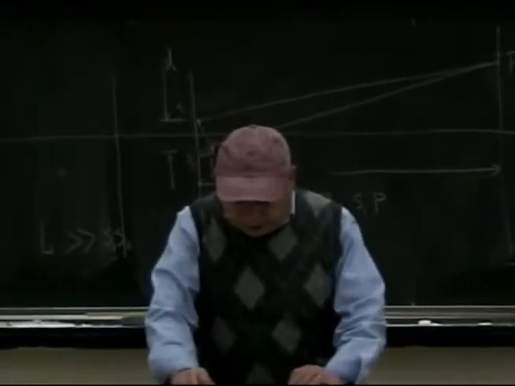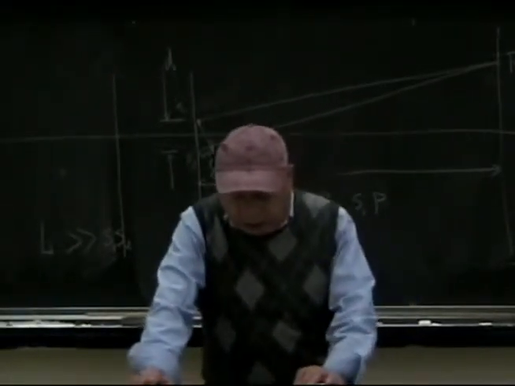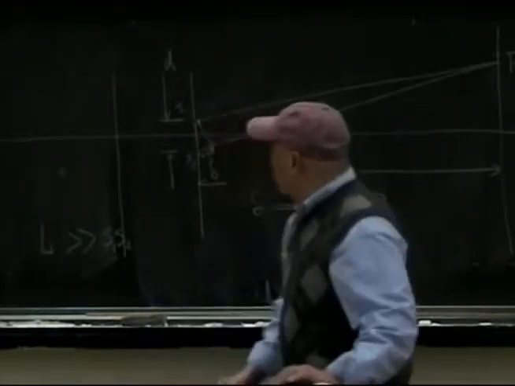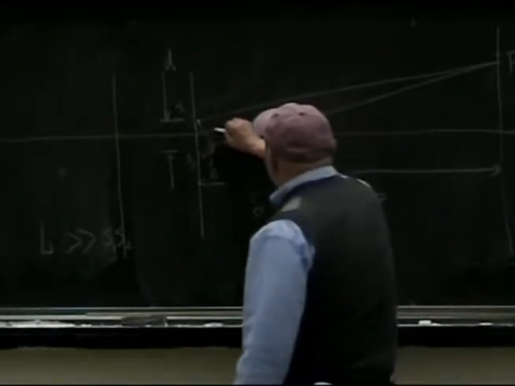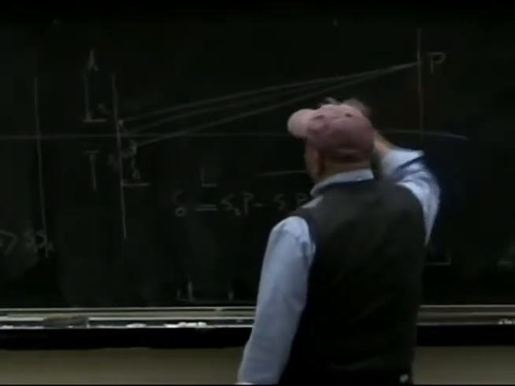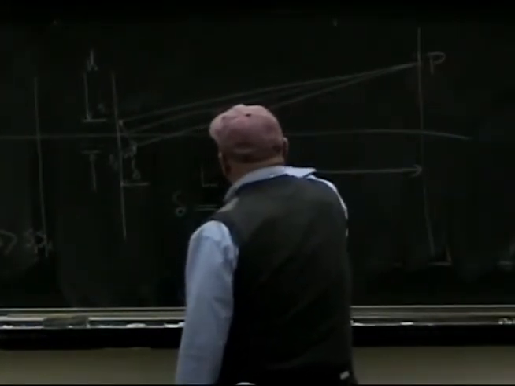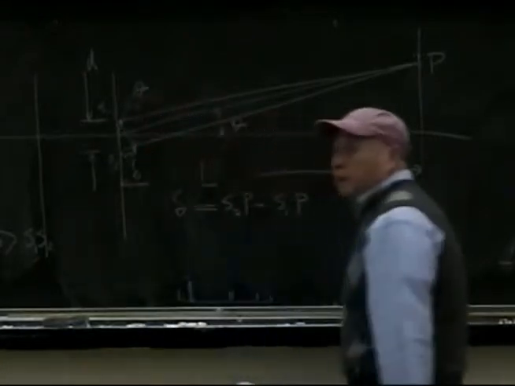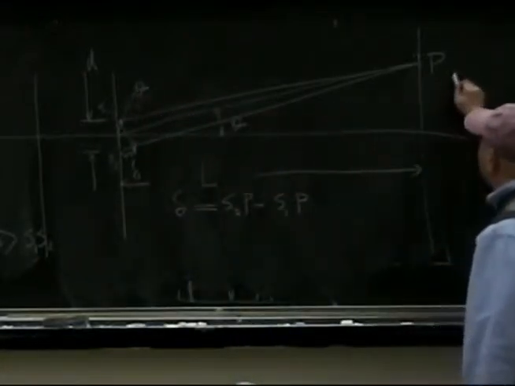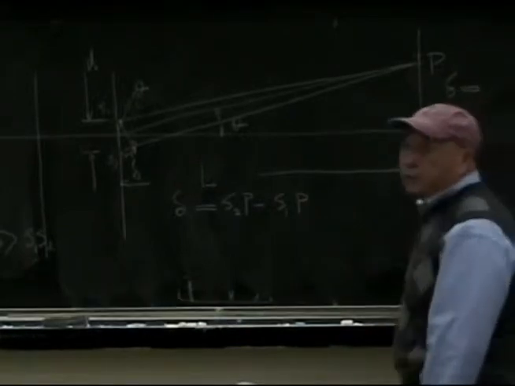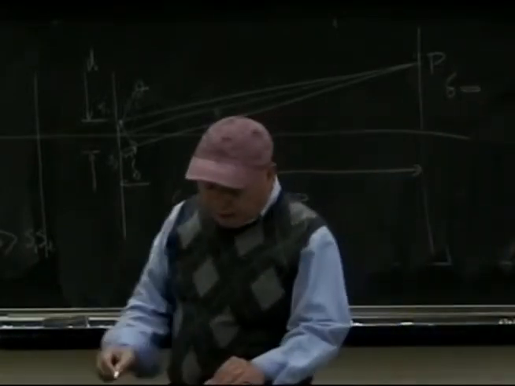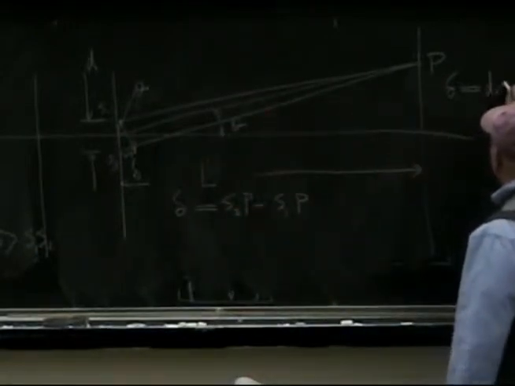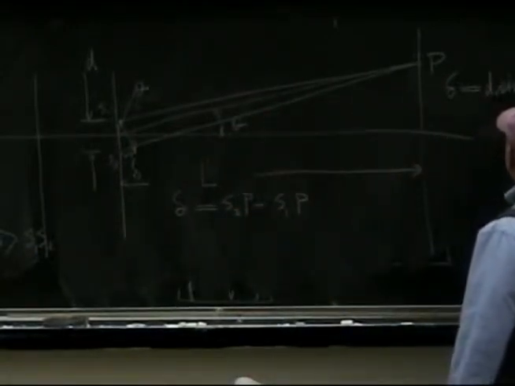So in these cases, we need a little bit of trigonometry. Now this angle, we say is theta. So delta is equal to d times sine theta.